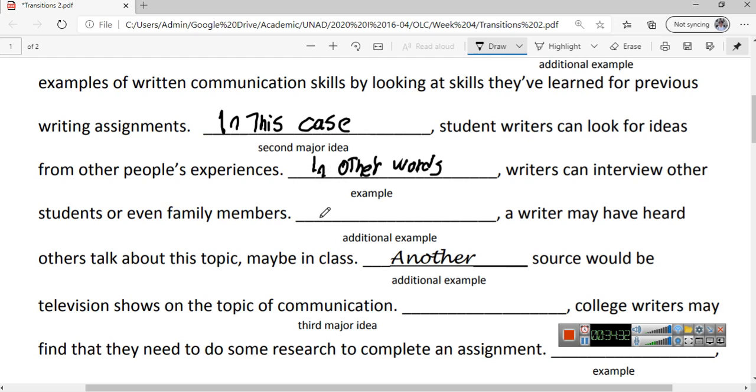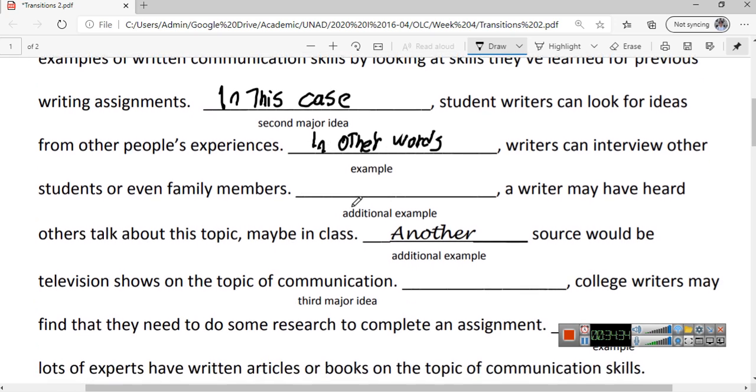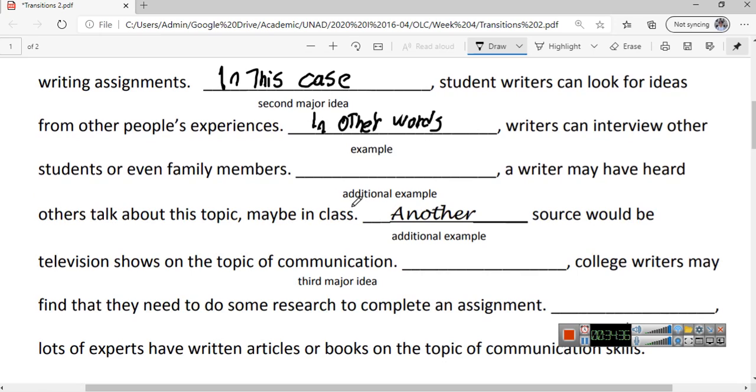Now, we need to start a sentence right here. It's asking us for an additional example. A writer may have heard others talk about this topic, maybe in class. Viviana, which word would you use?